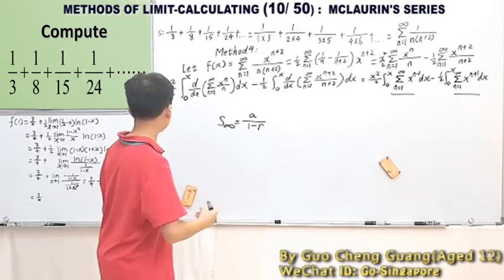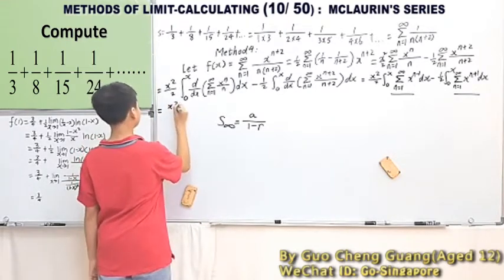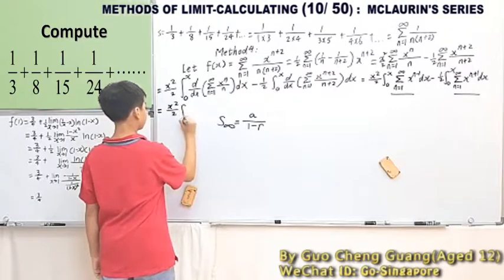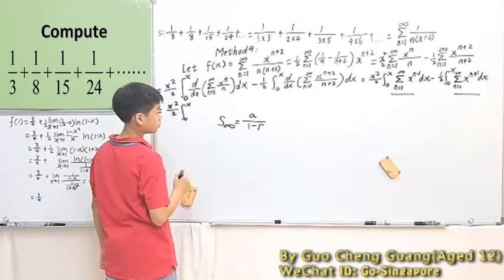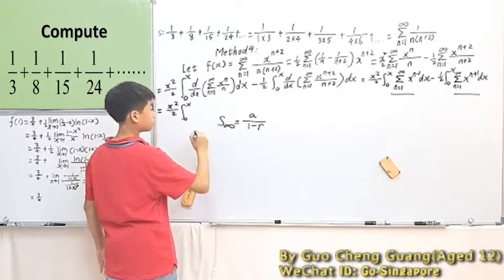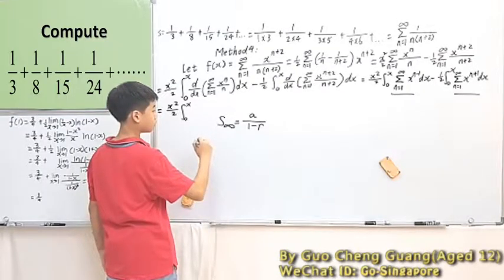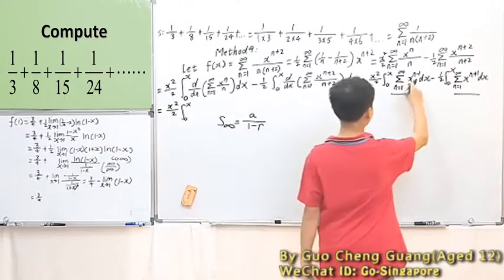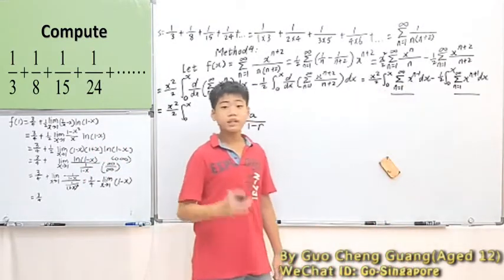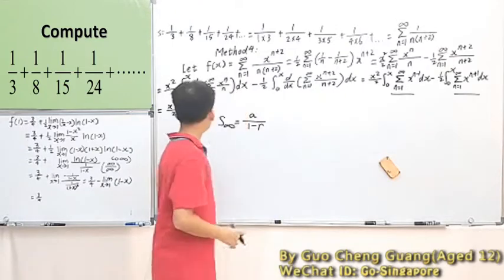Now this part, so let's change it. So let's think, what is the first term? What if you sub n inside?